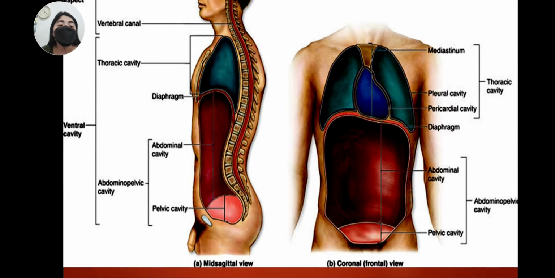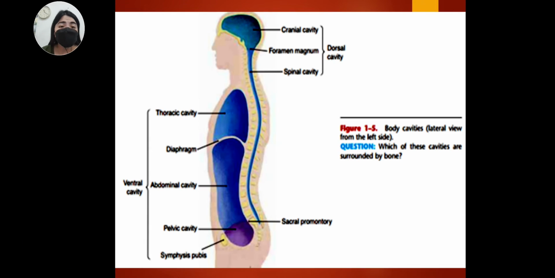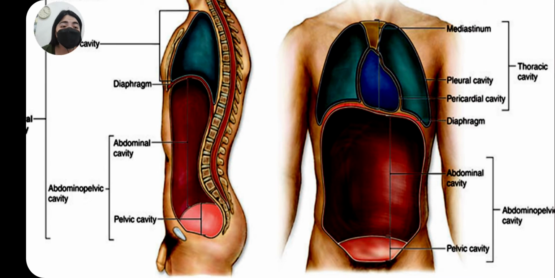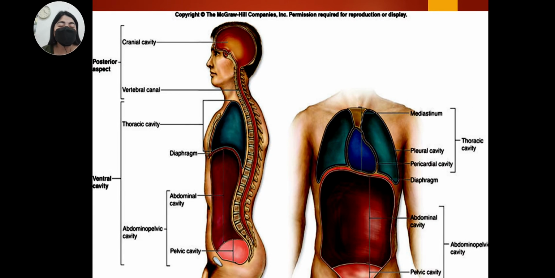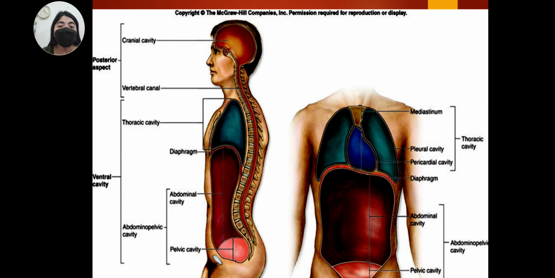For the coronal or frontal view, you can also see the different parts again. I'm showing you the parts in the mid-sagittal view and the frontal view.